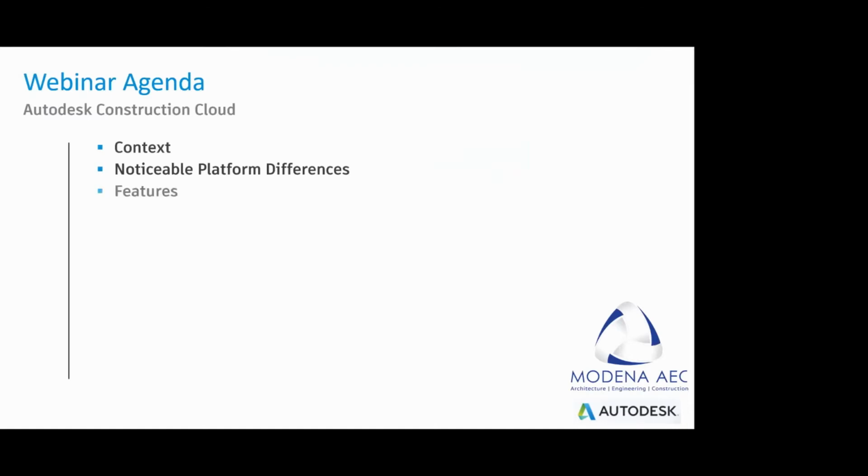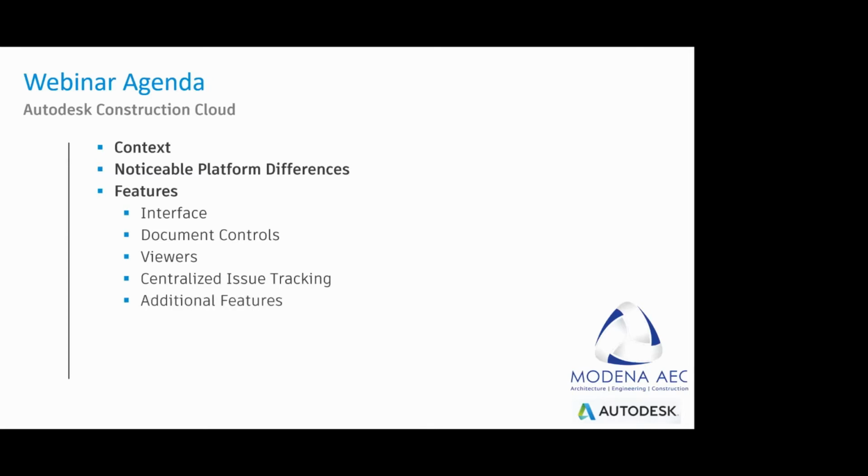We are going to guide you through some features such as the new interface, the document controls, the viewers that come with the ACC, as well as the centralized issue tracking tool. We're going to go through some additional features. And then from there, I'm going to talk about the Autodesk Docs user access. And then finally, we're going to start with our Q&A. So we will open up this webinar for a Q&A session, and we'll answer as best as we can.